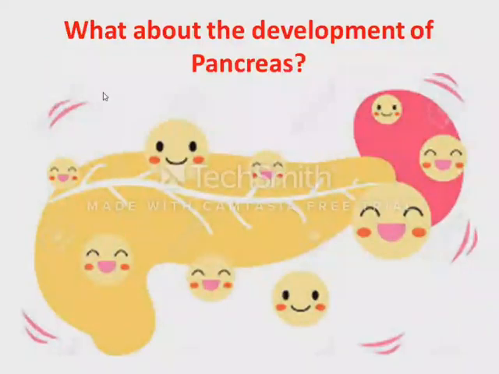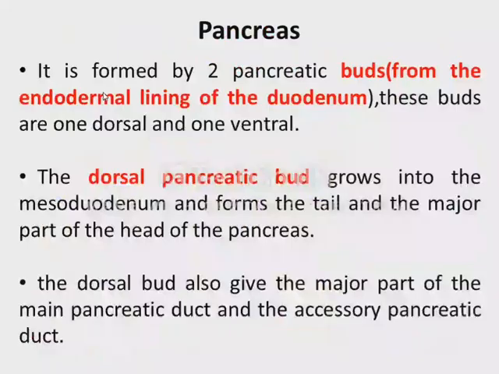Well, what about the development of the pancreas? The pancreas is formed by two pancreatic buds from the endodermal lining of the duodenum. These buds are one dorsal and one ventral. The dorsal pancreatic bud grows into the mesoduodenum and forms the tail and major part of the head of the pancreas.